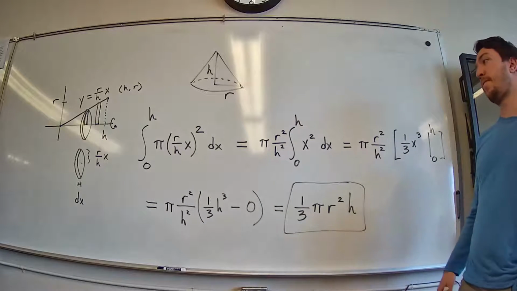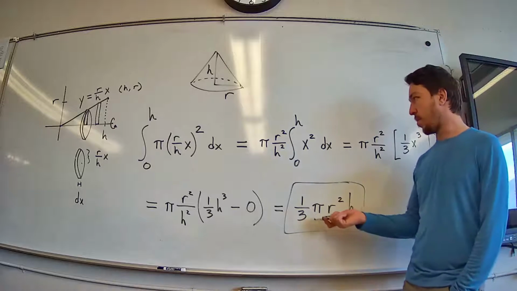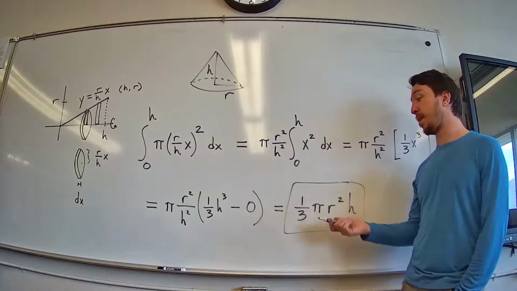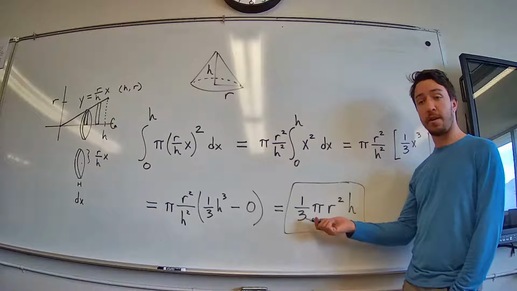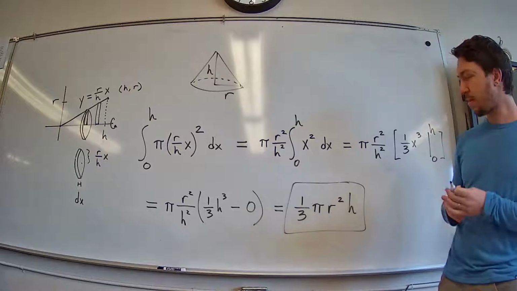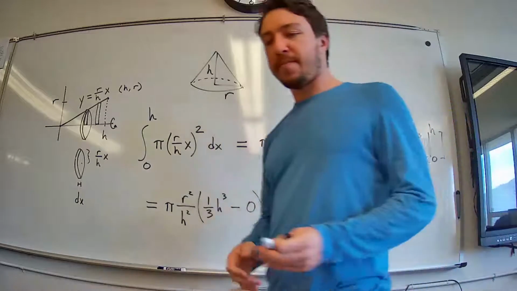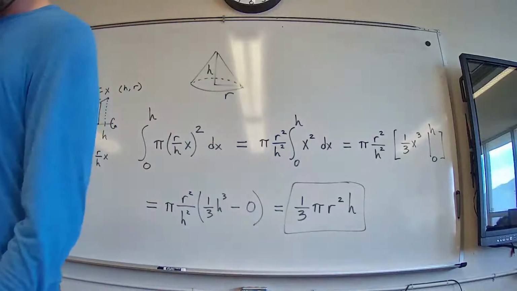So that's a proof of the well-known cone formula. The cone has exactly 1/3 of the volume of a corresponding cylinder. If it was a cylinder, it would just be pi r squared times height. That's so cool. This is why I love math.